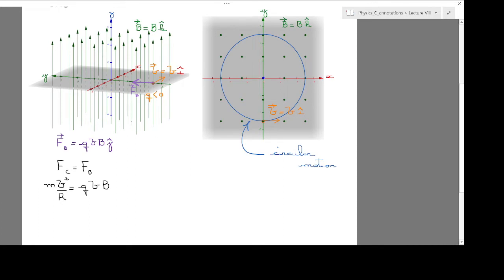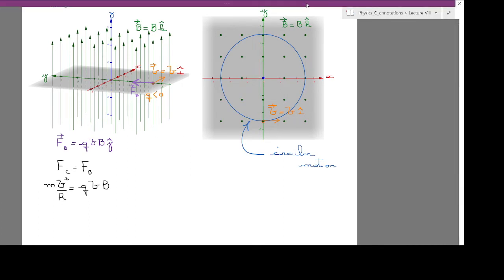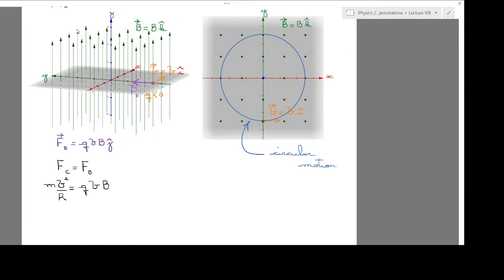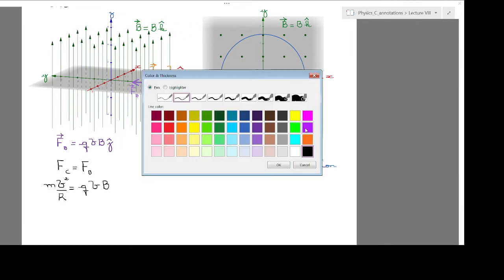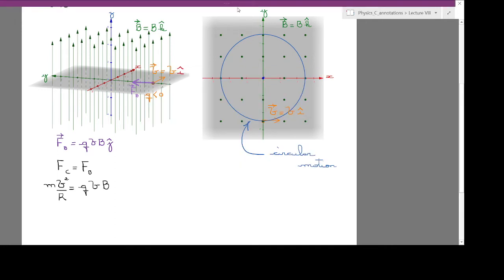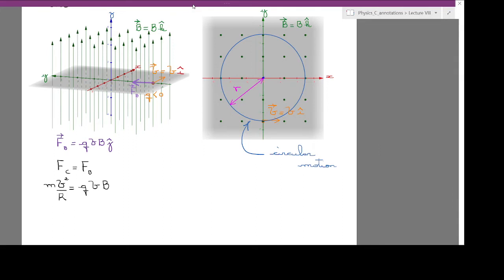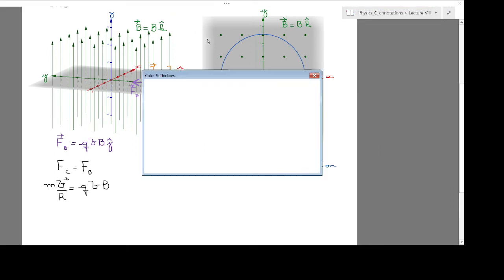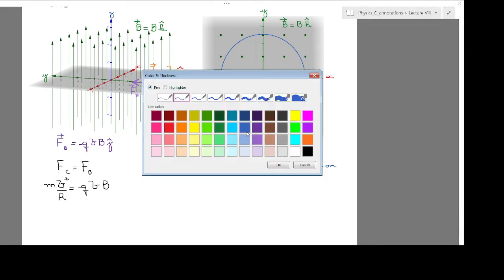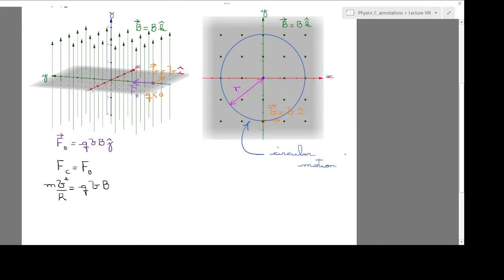Actually, what I'm interested in here is to find one expression for the radius of the circular motion, right? I think this is the most basic information. It is one of the first I want to know. What is the radius of the circular motion? Remember, guys, since this is circular motion, we are trying to find relevant, significant variables that describe the circular motion, and we know many of them, right?